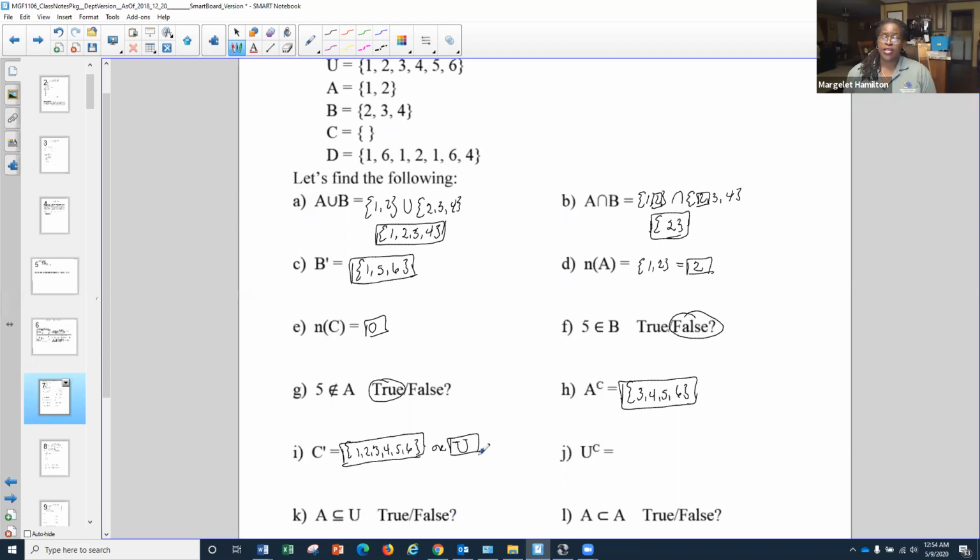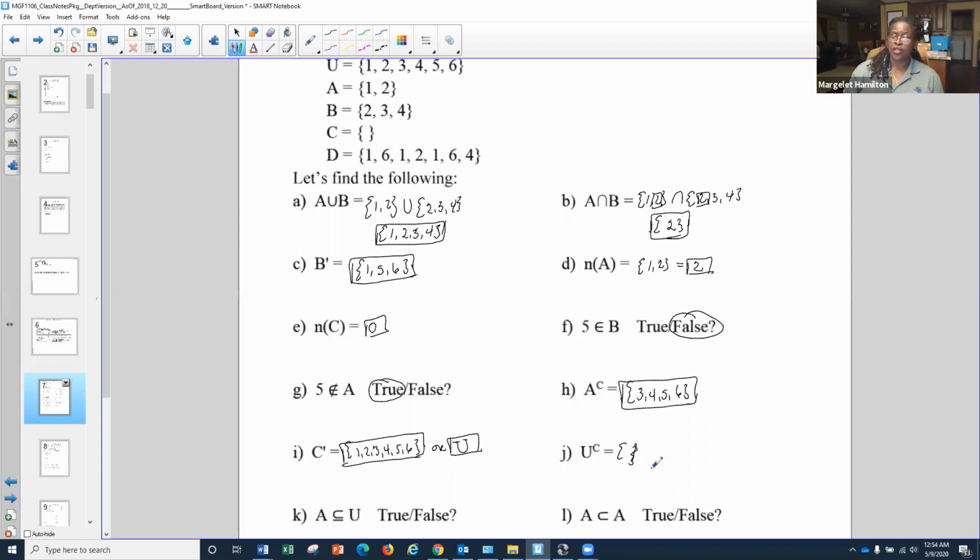J says the complement of the universal set. So our universal set has everything in it. So the complement of it would be the opposite, right? The empty set, or nothing is in there. So how can we write it? Remember our squiggly brackets.